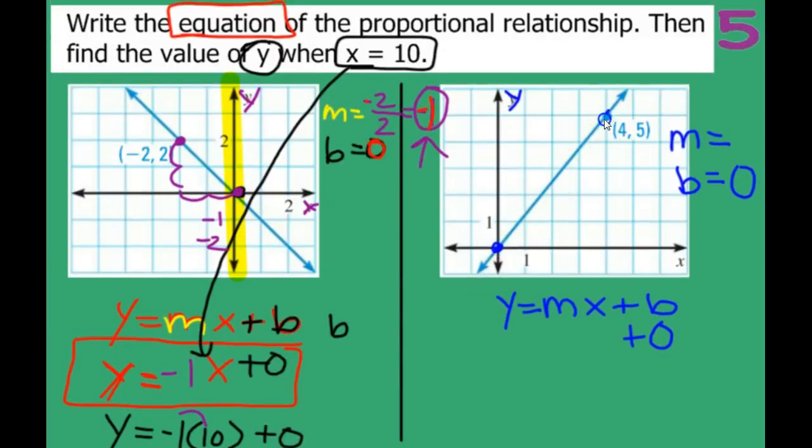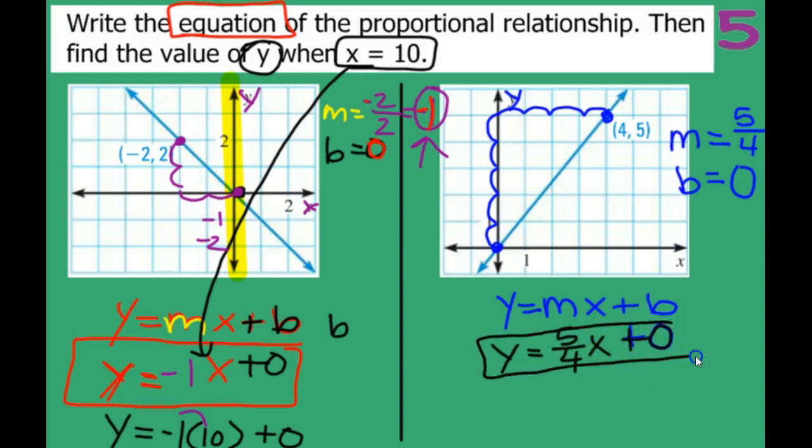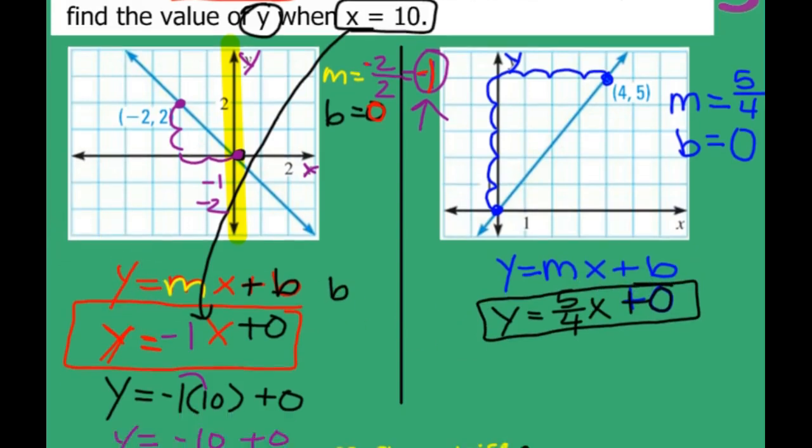So from this point to this point, I'm going up 1, 2, 3, 4, 5, and straight to the right, 1, 2, 3, 4. So the rest of my equation would be y equals m, which is 5 over 4, x, and then plus 0. You don't need to write plus 0, but it shows me that you found what b is.